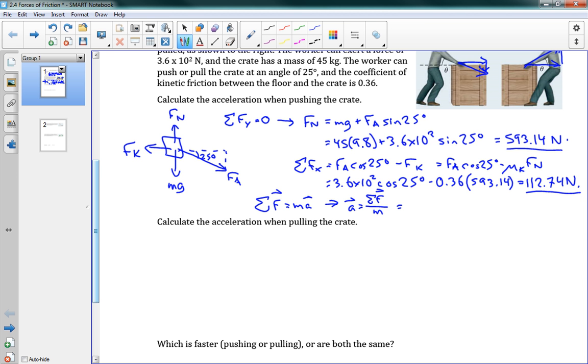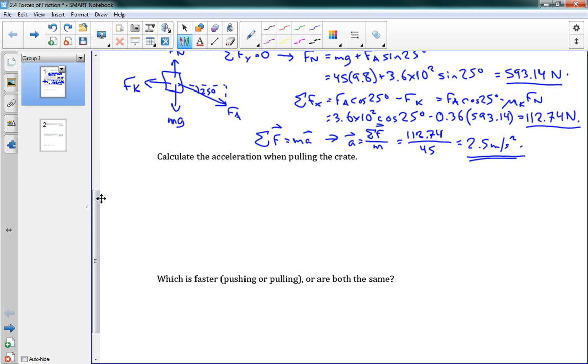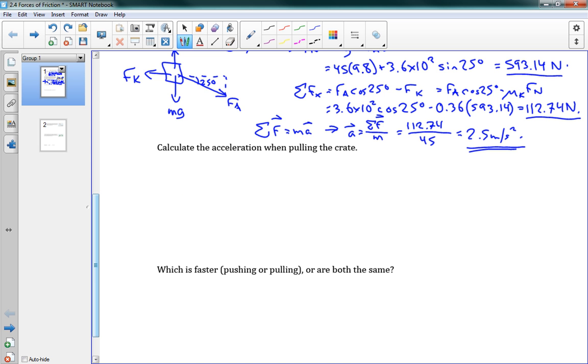So here I can say that it's equal to 112.74 divided by my mass, which was 45 kilograms. And this gives me a value of 2.5 meters per second squared. There's my final answer.